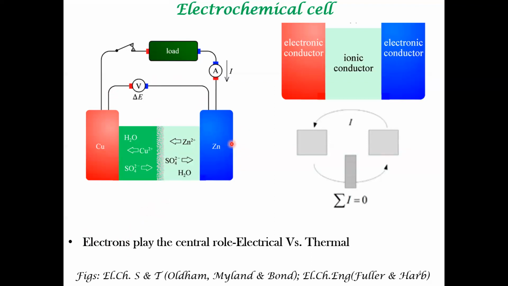So in this electrode, the energy of the electron is different from the energy of electrons in this electrode, and the difference between these two energy levels is what a voltmeter will measure. Again, this will be emphasized. These are all very important and subtle points. We'll be touching upon these aspects as we progress in this course.